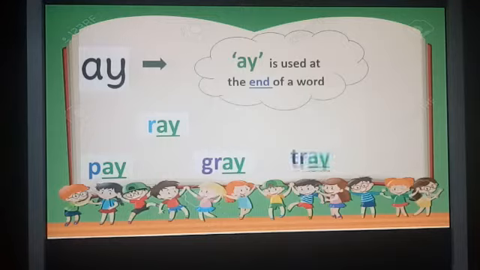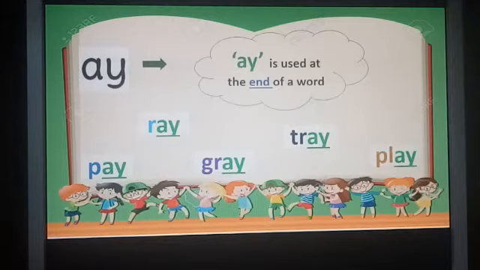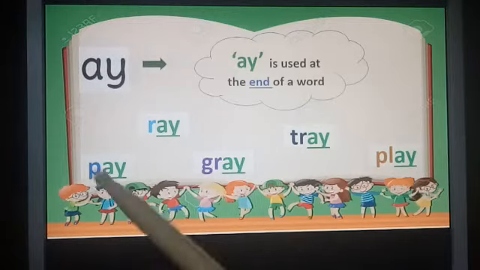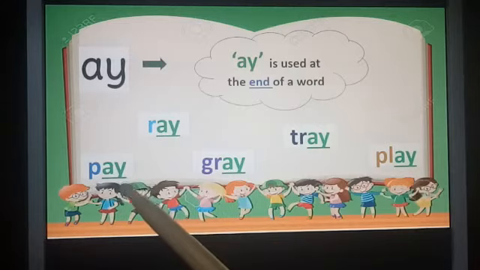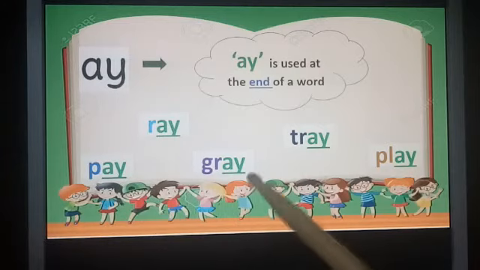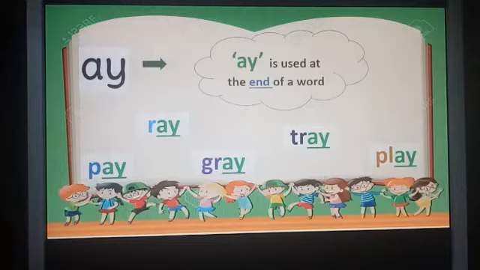Tray. Play. In all these words, the A sound is heard at the end. That is why we have written AY. So now it is clear when you have to write AI and when you have to write AY.